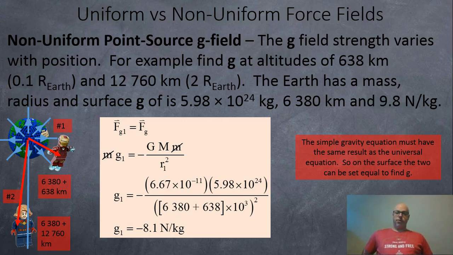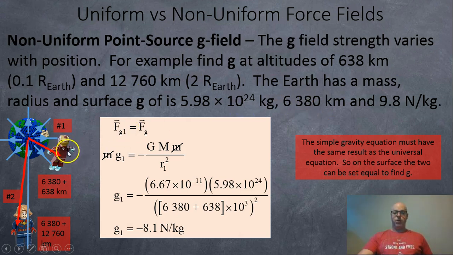Okay, a non-uniform force field. So in this case here, the g field, the gravity field, the acceleration due to gravity, the force field strength g, the force of gravity, they're going to change with location. So for example, let's find the g value at different altitudes of 638 kilometers, which is 1/10 of an Earth radius, 12,760 kilometers, which is 2 Earth radii, and let's say we still know the Earth's mass and we know the Earth's radius.